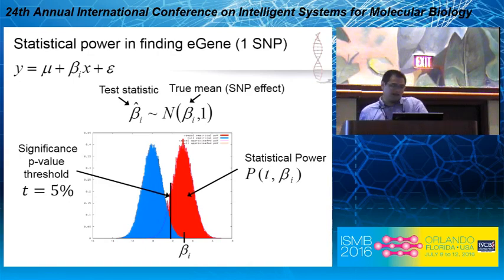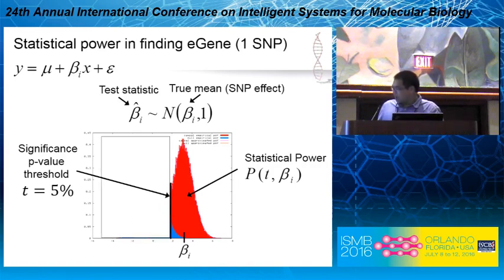This variance does not need to be 1, but for simplicity, I'm just using 1. When you are testing for statistical power, you assume that the true mean is not 0, and you also assume a significance p-value threshold. Here I'm assuming that the threshold is 5%, which means that this black line here is 1.96.